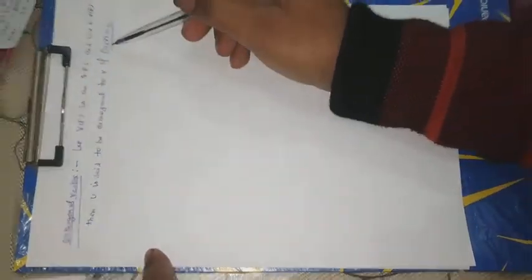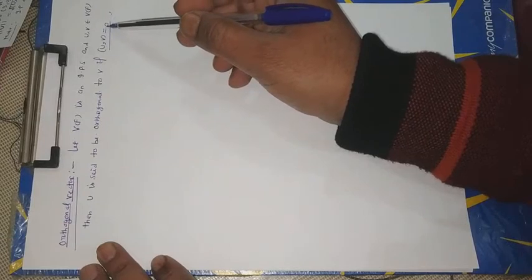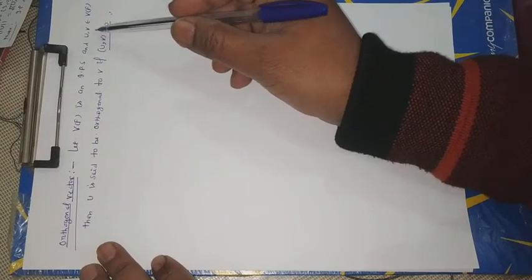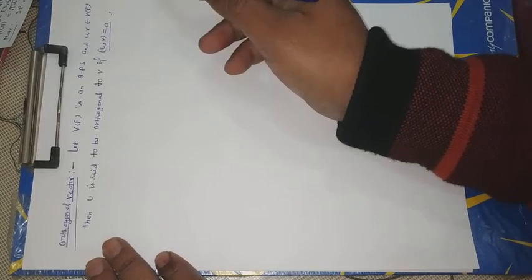When the inner product of two vectors is always 0, then we can say both vectors are orthogonal to each other. Okay. Since the inner product of V and U is equal to 0, we can say here U is orthogonal with respect to V or V is orthogonal with respect to U.